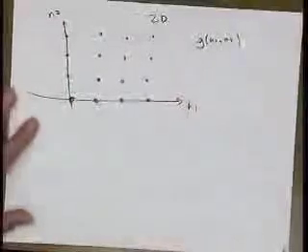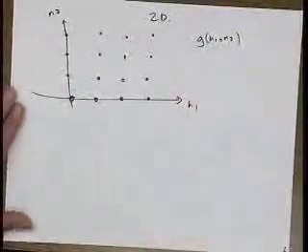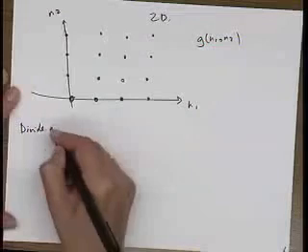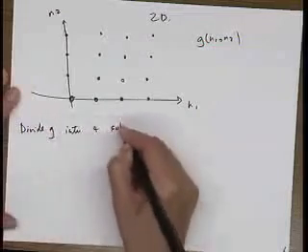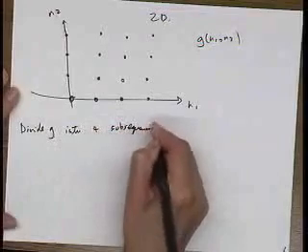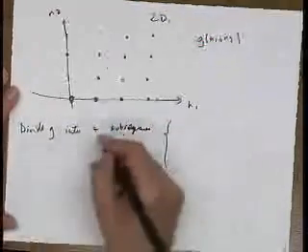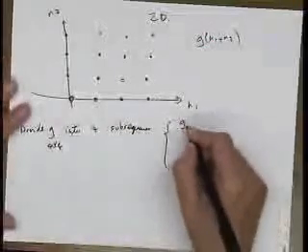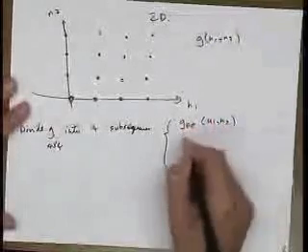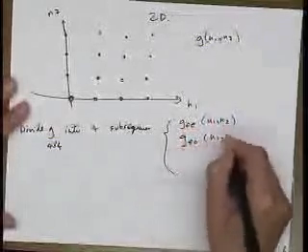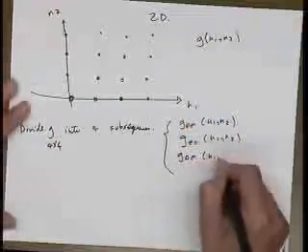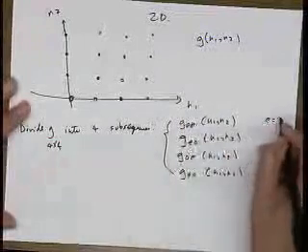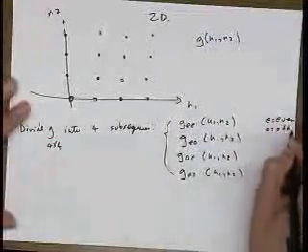Okay, and I'm going to divide this into 4 subsequences. G itself is 4x4, and the subsequences are GEE of n1, n2, GEO of n1, n2, GOE of n1, n2, and GOO of n1, n2. E stands for even and O stands for odd.